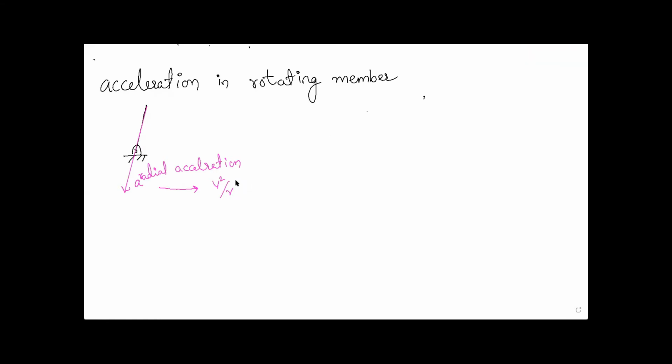So how did I get this radial acceleration? There is a force, right? Whenever a body or a member is rotating, you have a force called centrifugal force, which is an outward force, and to balance it, you have a centripetal force, which is an inward force. So F equal to centrifugal force is mv square by r, or you can even say it is m omega square r.